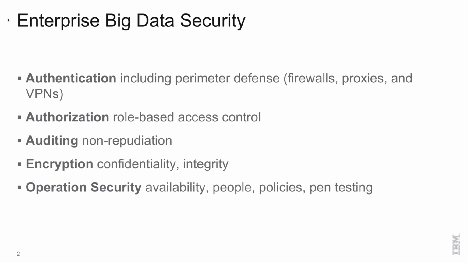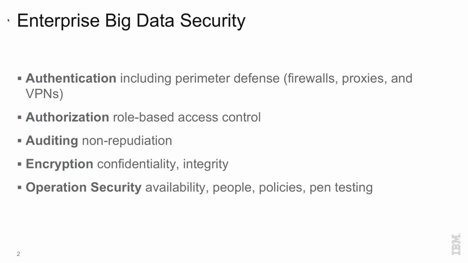You can see on the screen that enterprise big data security has five aspects. First is authentication. Any user of the cluster must prove they are who they claim to be. That's important, so you don't want an unauthorized, unauthenticated user to access your cluster or any data inside the cluster.